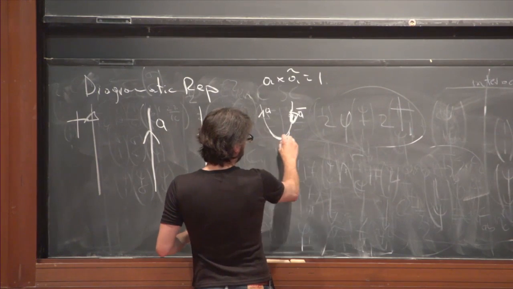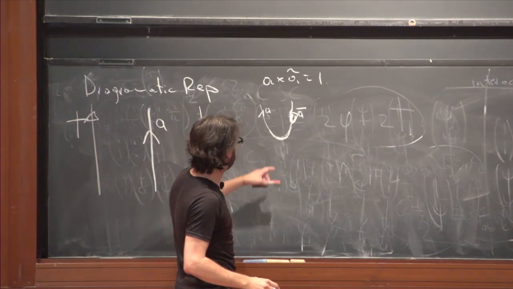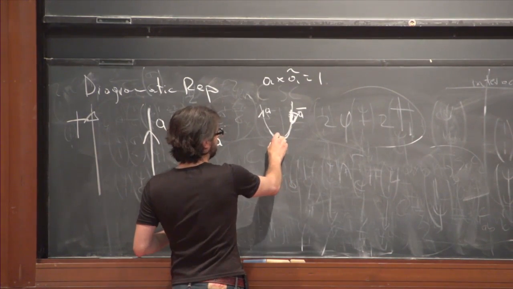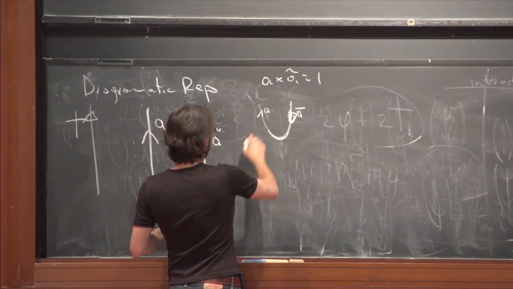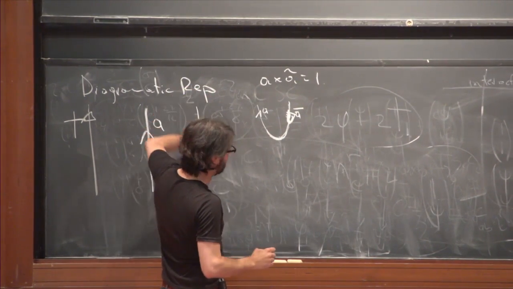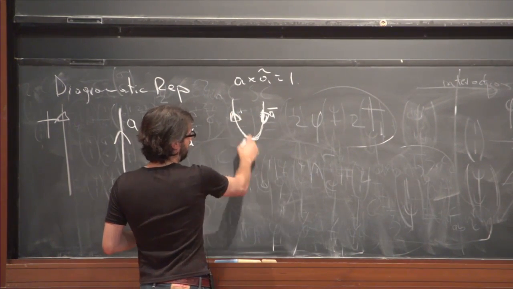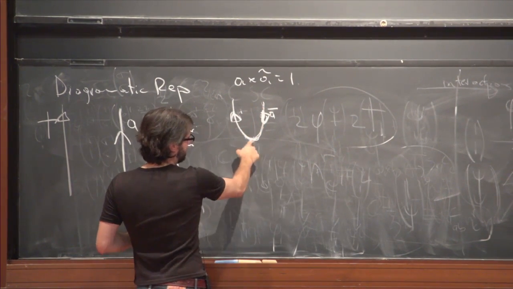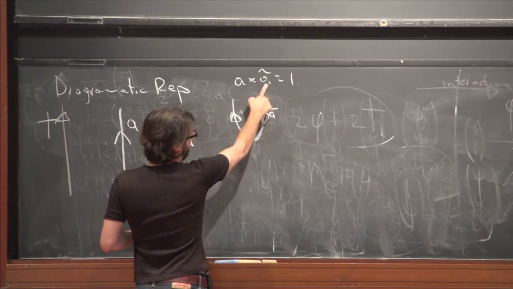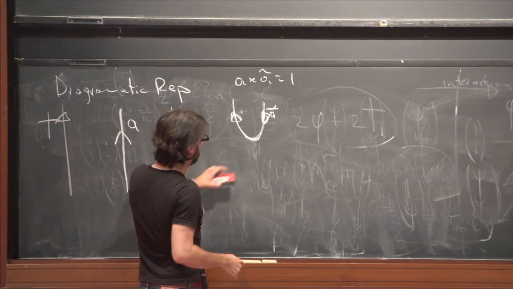And I can just pictorially delete a vacuum line and represent it by a particle. So a particle A is equivalent to its antiparticle going back in time, okay? Just because I can annihilate them at some point in time or create them out of the vacuum if they're antiparticles, okay?